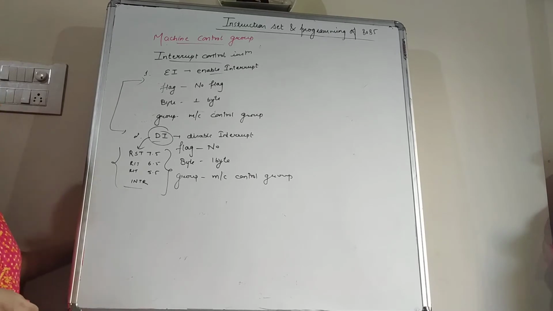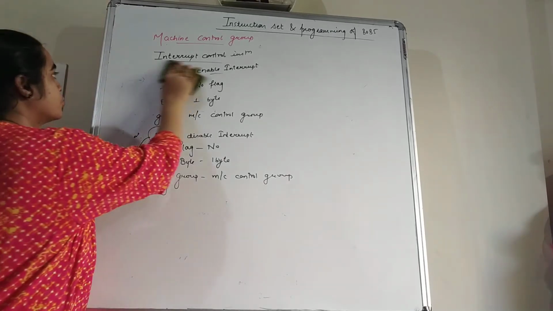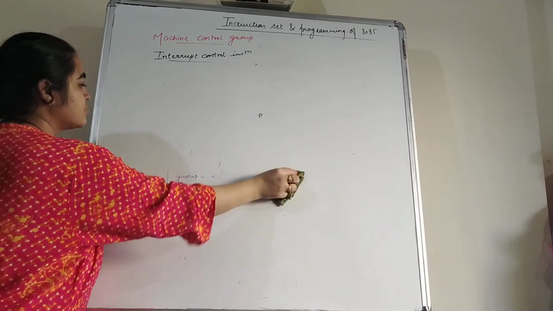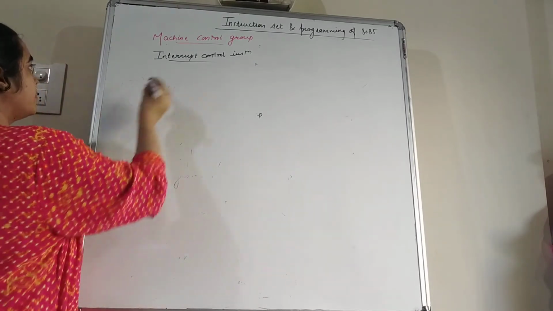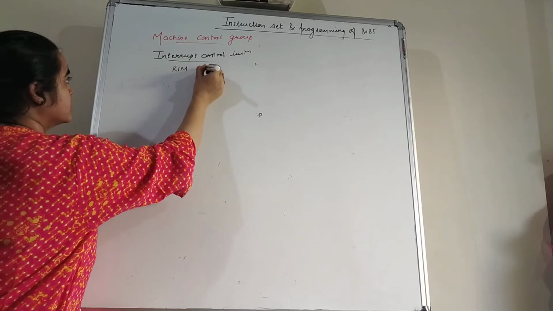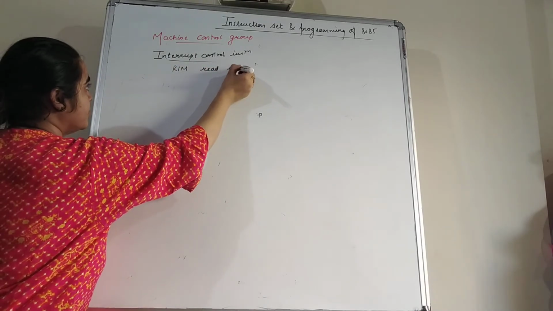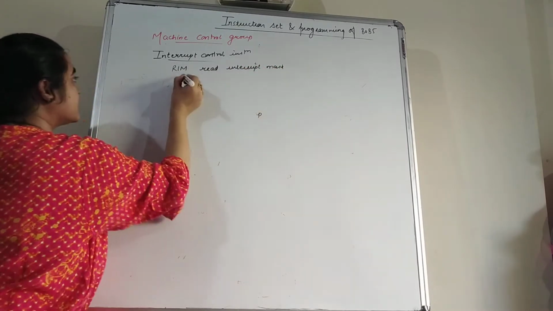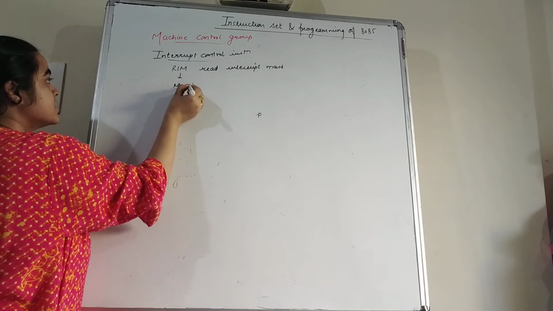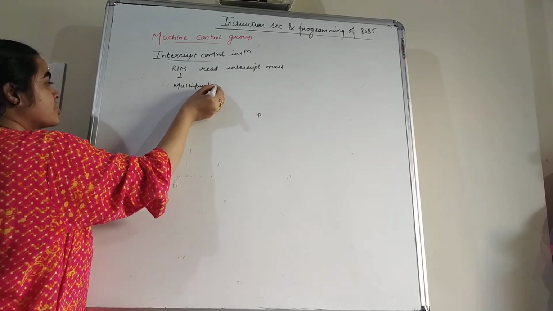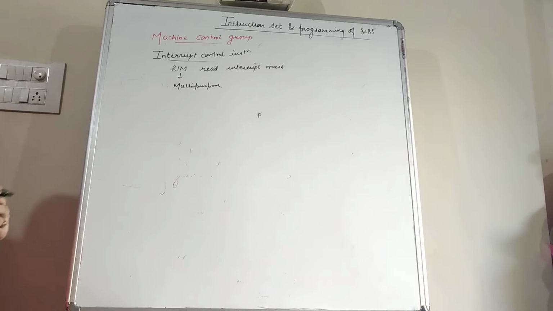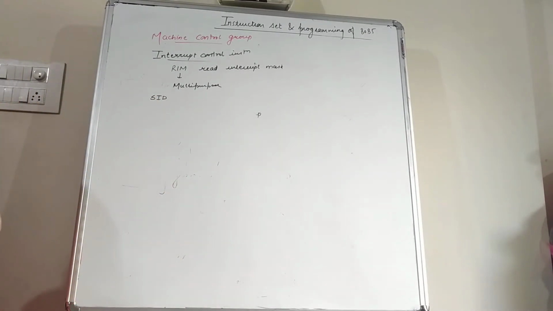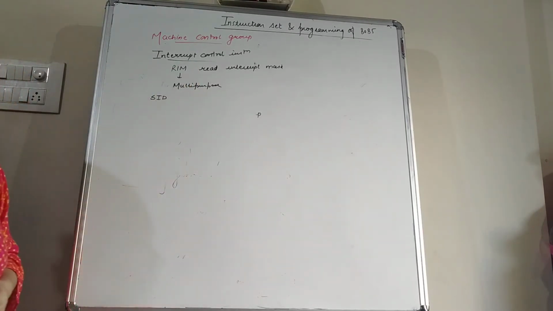Now the next instruction that falls under this group is the RIM instruction. RIM stands for read interrupt mask. Students, this is a multi-purpose instruction, which means it can deal with the serial input of data as well as read the interrupt mask.